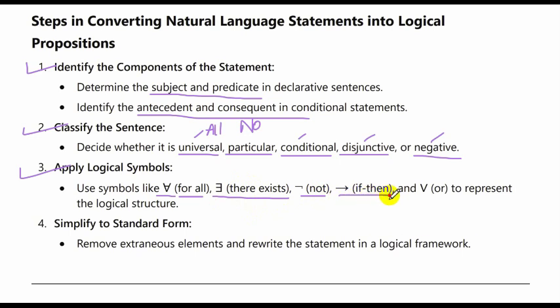The right arrow is if then, that is a conditional statement. And V for or, to represent all the logical structures. Then we simplify it to its standard form. We remove the extraneous elements and rewrite the statement in a logical framework. This is the final conclusion that we will come to.